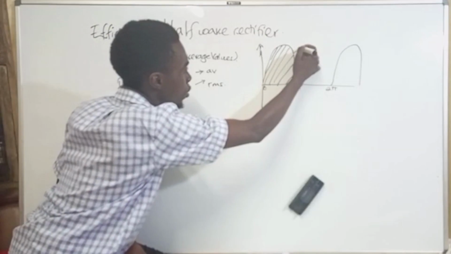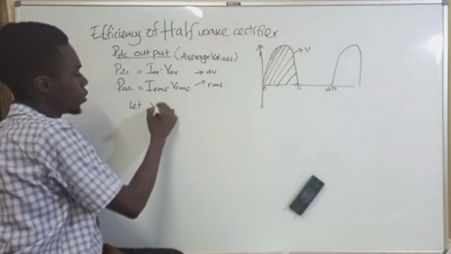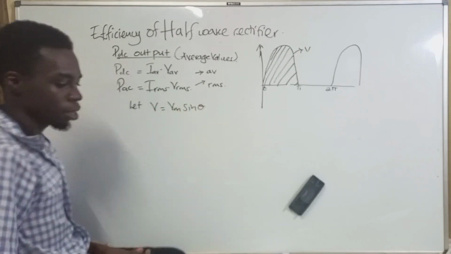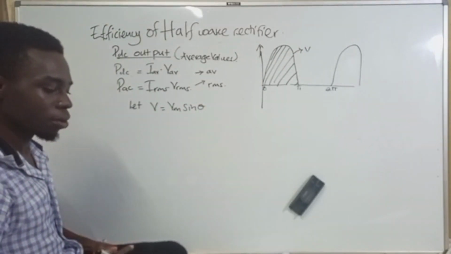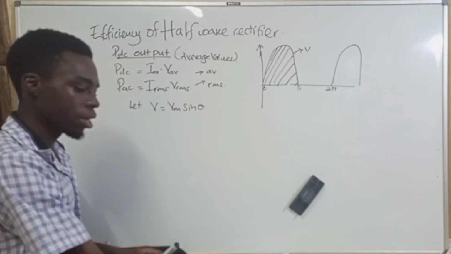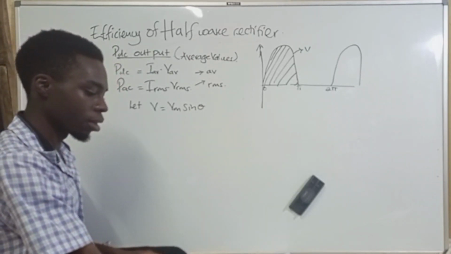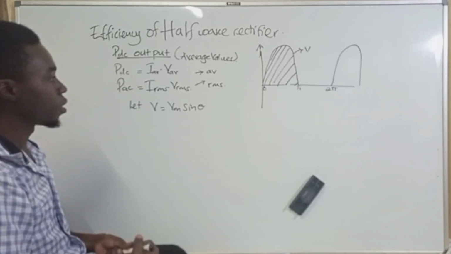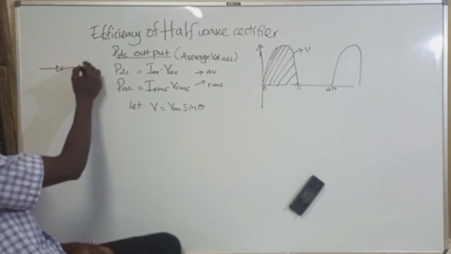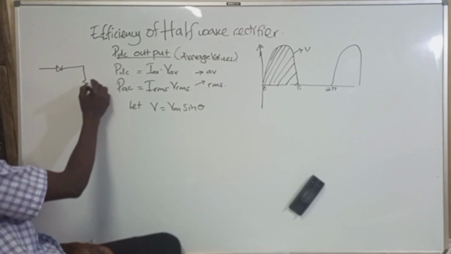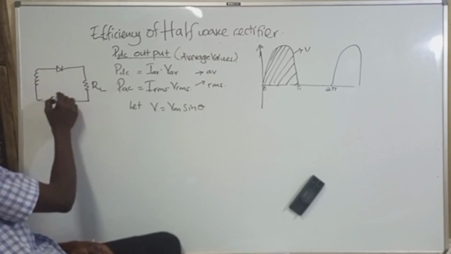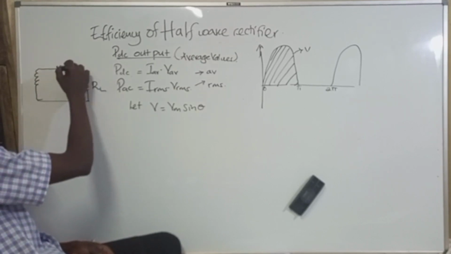So let my voltage at this point be V equals V max sine theta, okay? Where theta is the angle that is being changed there, okay? And for example, if my circuit of the diode had a certain, this was my RL, okay? And this was my transformer, and this is my diode.